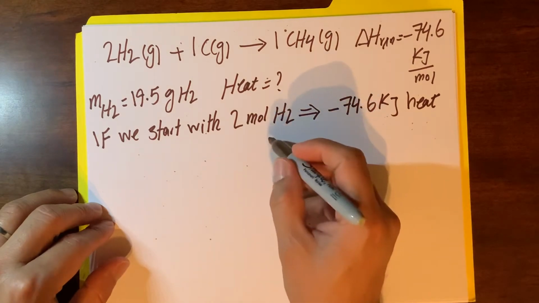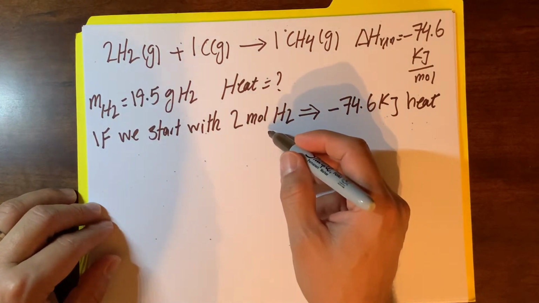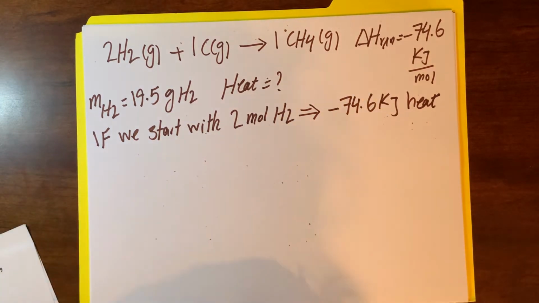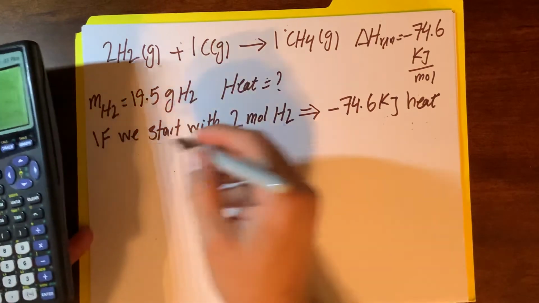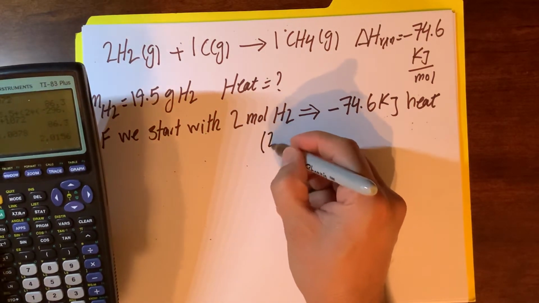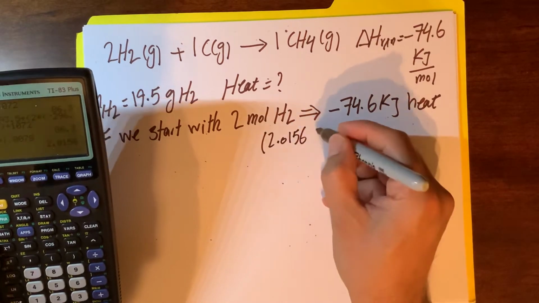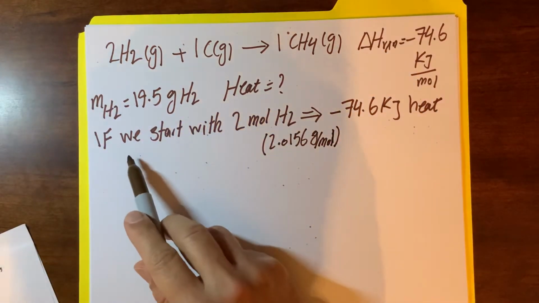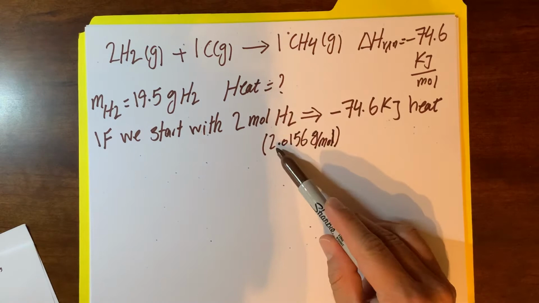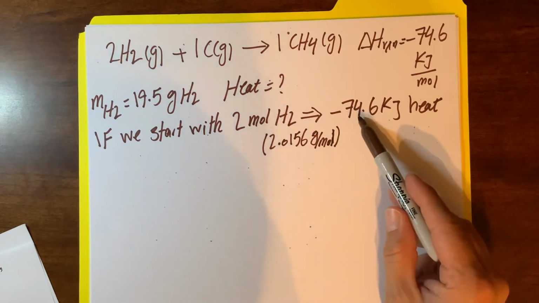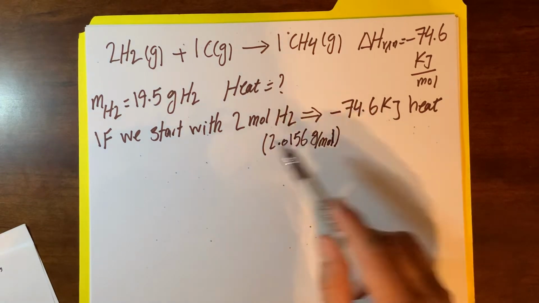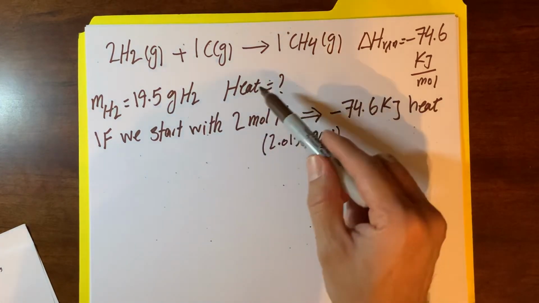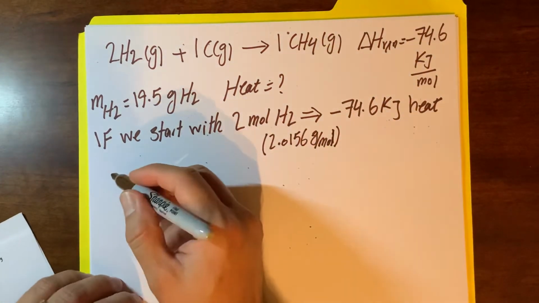And the molar mass of hydrogen, we can go with 2 multiplied by 1.008, so it will be 2.0156 gram over mole. So this one is saying that if we start with 2 multiplied by 2 gram of hydrogen, we will get minus almost 75 kilojoule. Now they are saying if we go with 19.5 gram of hydrogen, how much heat can we get? Okay, so I go with this.